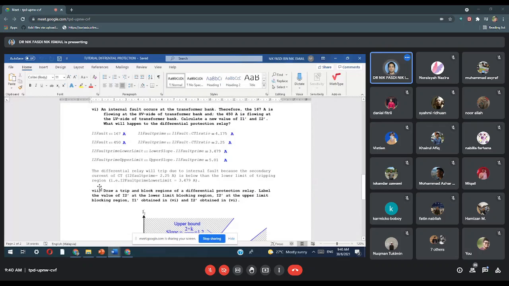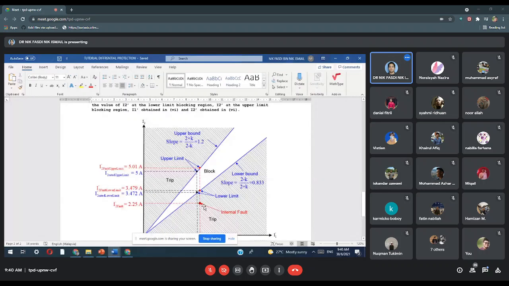Ingat type of apa tu differential relay ni, mesti kat sini dia bawah. Sekarang calculation we can 2.24 dan 3.47. So kat inilah dia kat bawah dah. So this is the point which is lower than this lower limit. So the relay should be turned on.